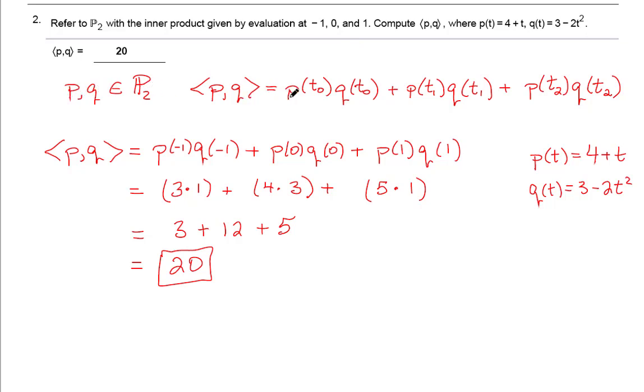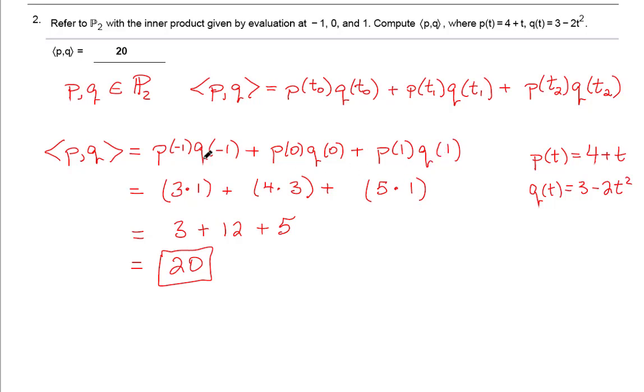I'm going to have P at the first value times Q at the first value, and I do that for each of the values. So in our case, PQ would be P of -1, Q of -1, plus P of 0, Q of 0, plus P of 1, Q of 1.